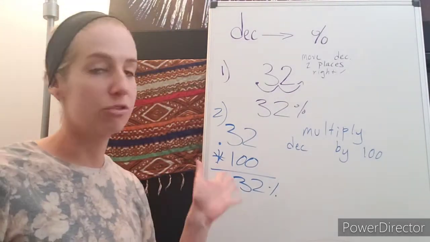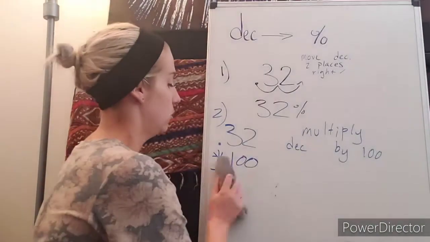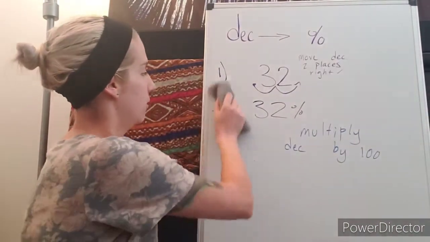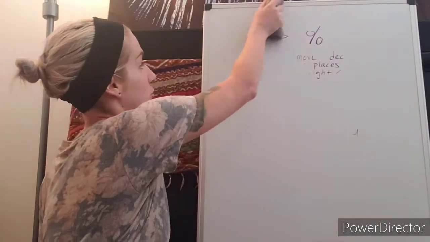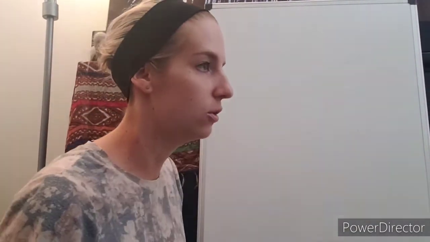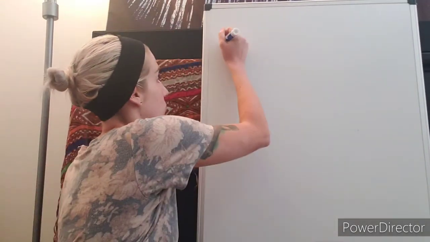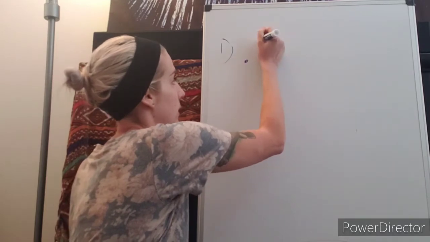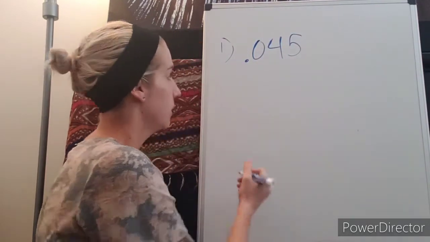So I'll just give you a couple quick examples. You should hopefully kind of remember how to do this, or hopefully that review just jogged your memory, okay? So really quick, I'm going to give you 3 decimals. For number 1, if I have 0.045, okay?